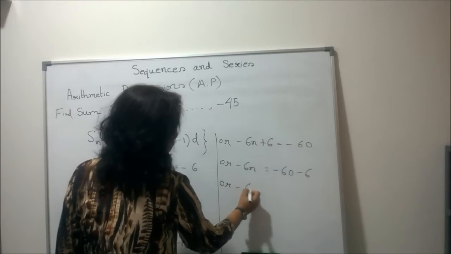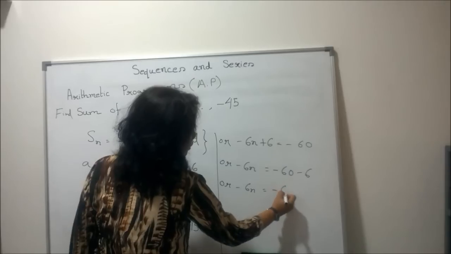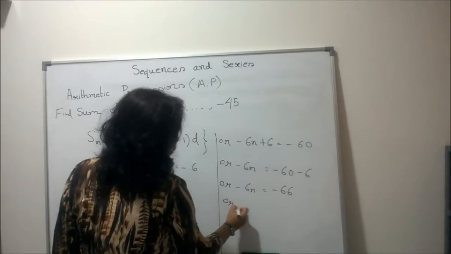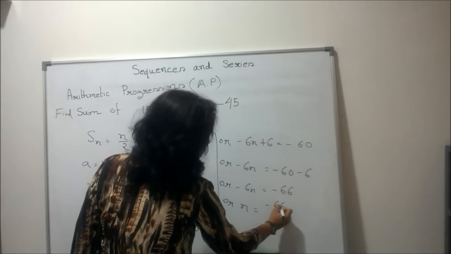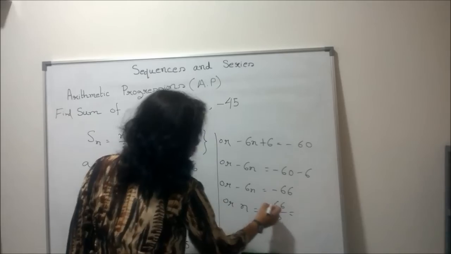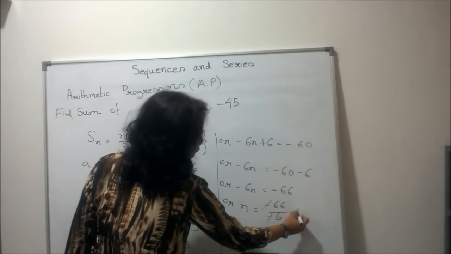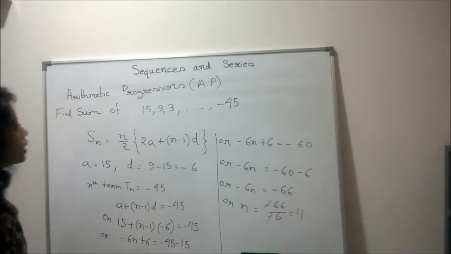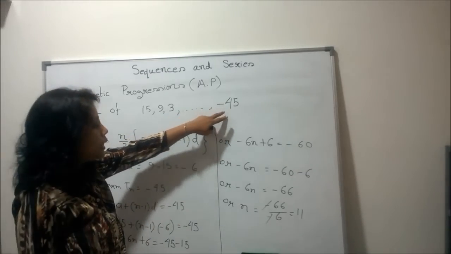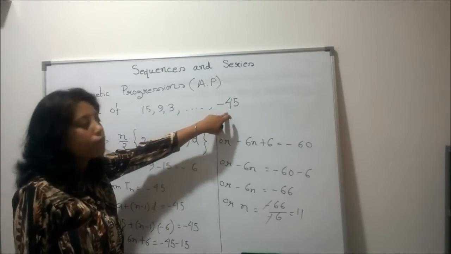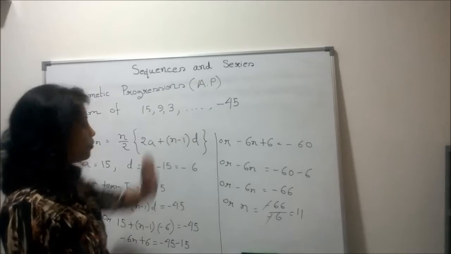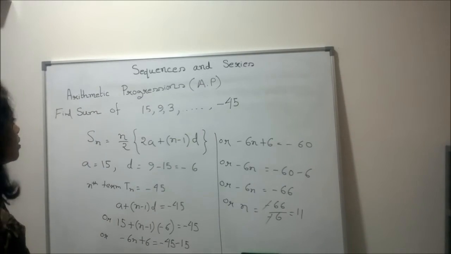So minus 6n, that is minus 66. So n is minus 66 by minus 6, minus minus cancel, so n is 11. So what we have got, that 11th term is minus 45. Okay, and that is our last term.